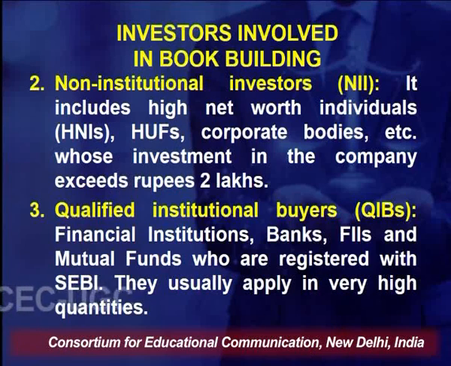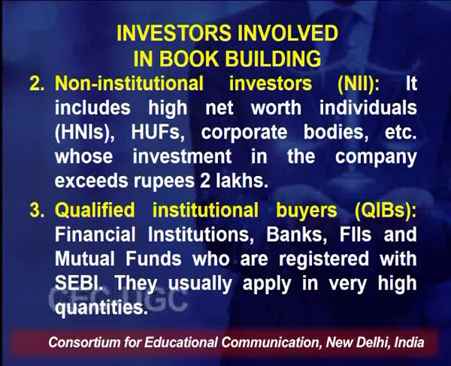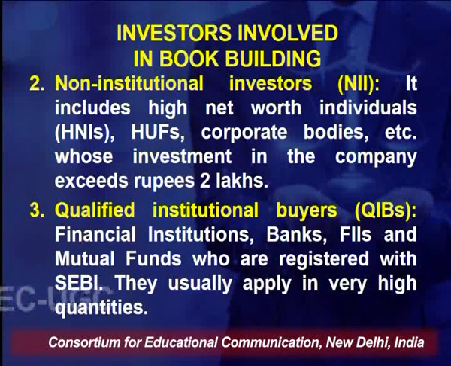Hindu undivided family also is included in this category if they are investing an amount more than 2 lakh rupees in the company. Then corporate bodies, etc., are also included, but the requirement is that their investment should exceed rupees 2 lakhs.